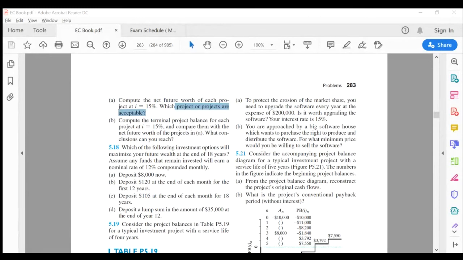And then part B says compute the terminal project balance for each of the projects at i equal to 15 and compare them with the net future worth of the project. What conclusions do you reach? Now I will share how we calculate a net future worth or a project balance.